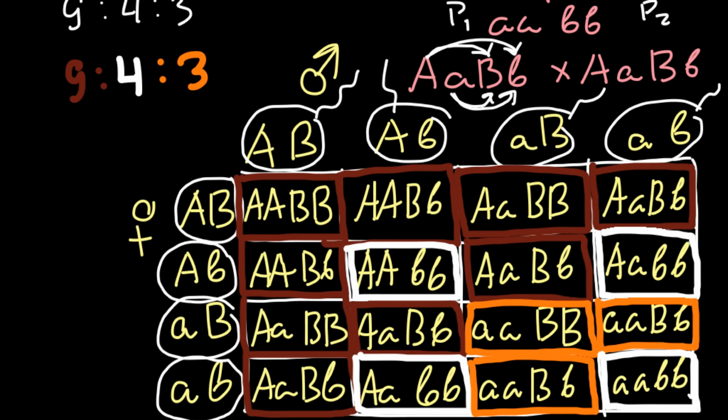So gene B is epistatic to gene A, and gene A is hypostatic to gene B. So gene B, once again, controls expression of gene A. So this is an example of epistasis.